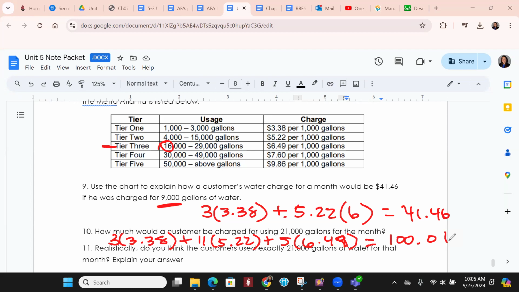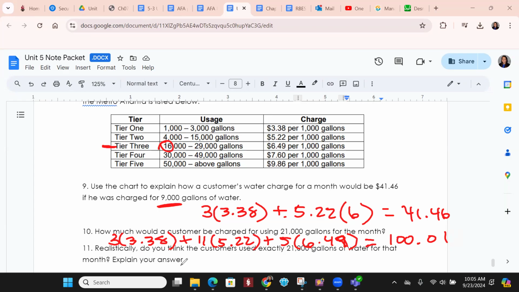Maybe not a neighborhood pool, but still a ton of water. You would have to have a ton of people living at your house to spend that much water. Nah, it's not that much. Nah, you'll be fine.